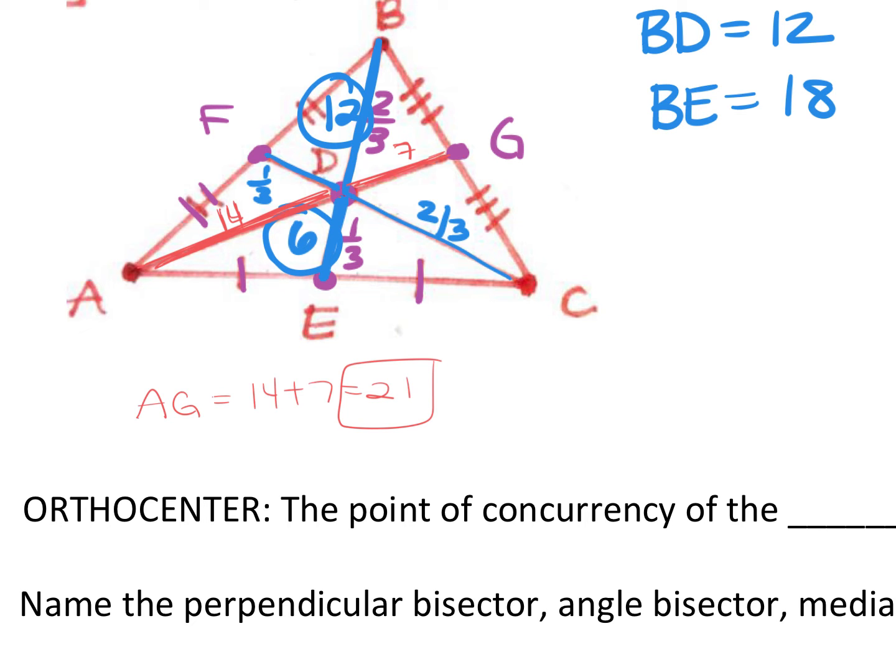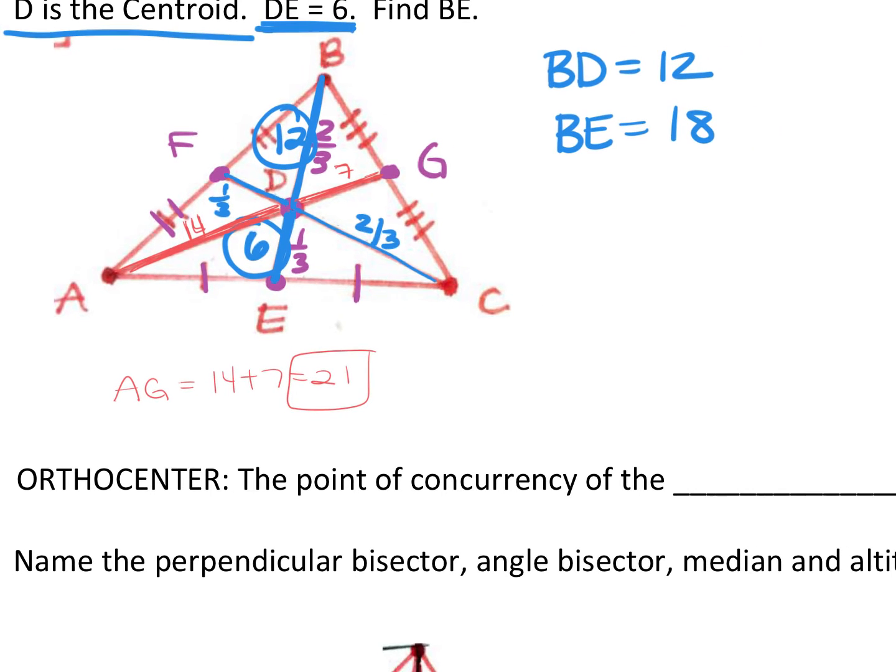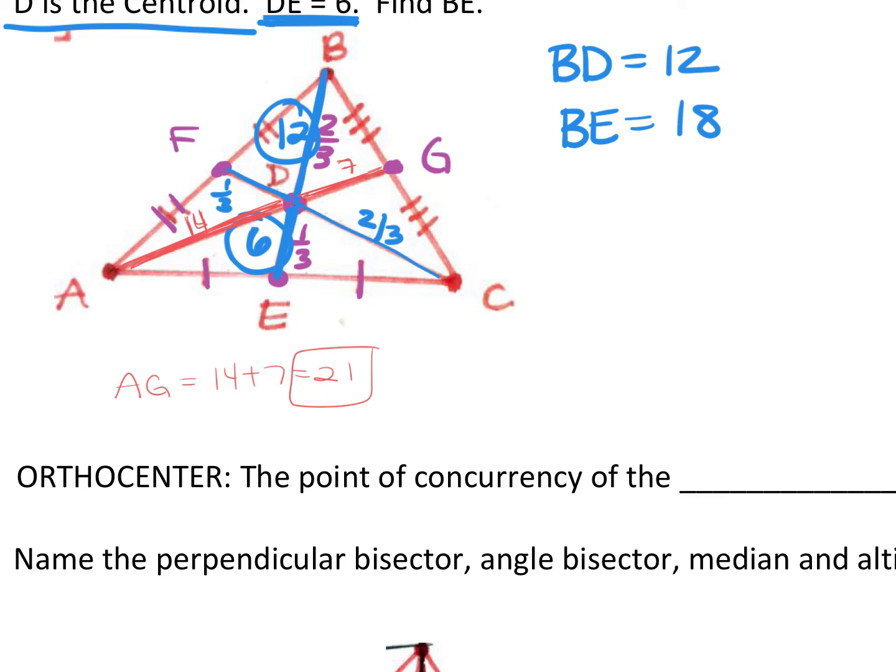But what if I tell you the whole thing? What if I tell you that FC is, give me a second, what do I want to use here? 15, we'll say. Okay, if the whole thing, FC, is 15 units, what do you do? Divide by 3, okay?